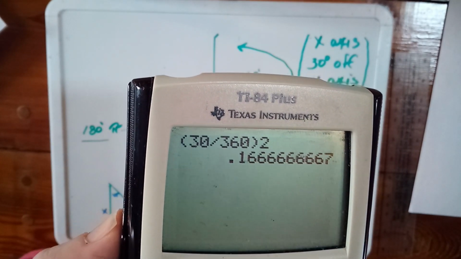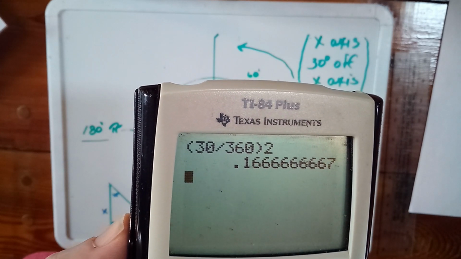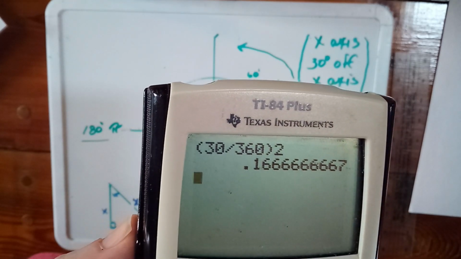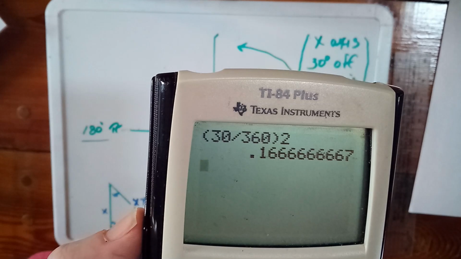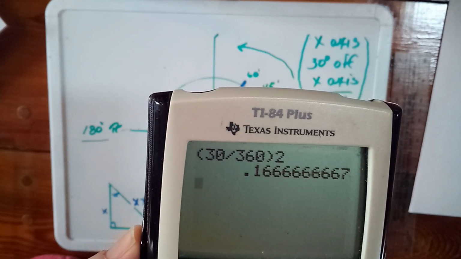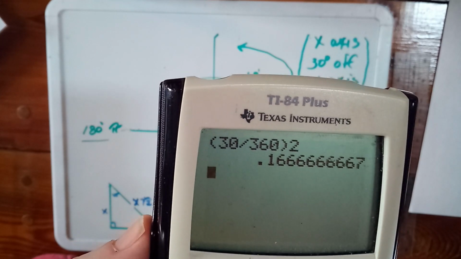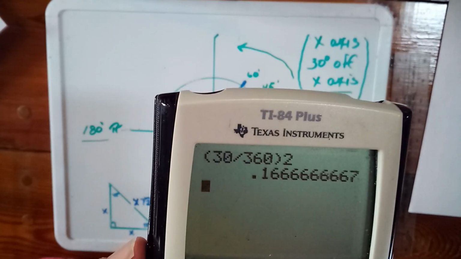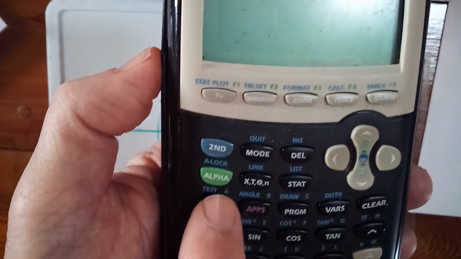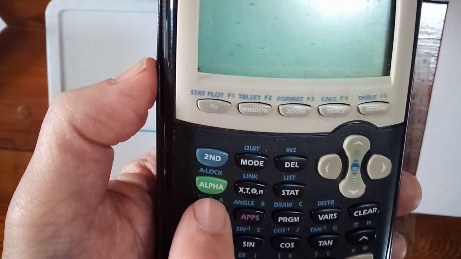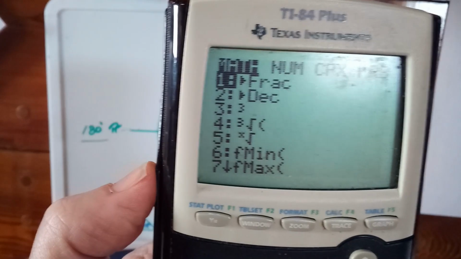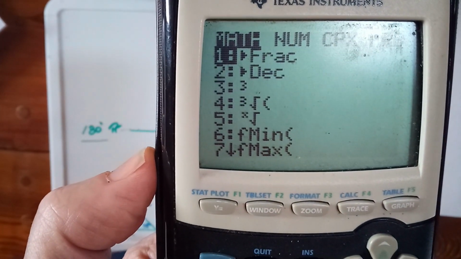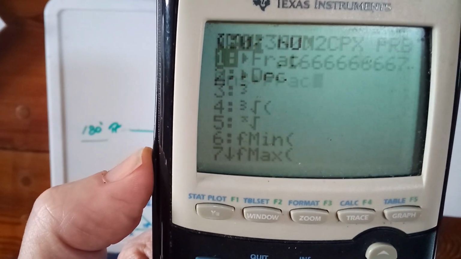And what if I get something like that? Well, it means that I have set my calculator up either to respond in decimal form or in auto form. So let's just say I have my calculator set to auto, and I'll show you how to do that in a sec. To get the fraction equivalent of that, I want to hit the math key. It's going to give me that. As you can see, fraction is already highlighted. So now all I need to do is hit the enter key.